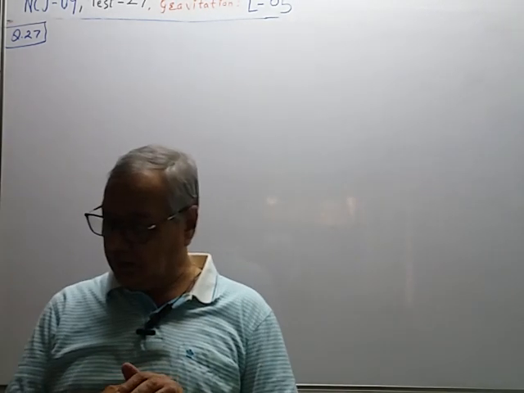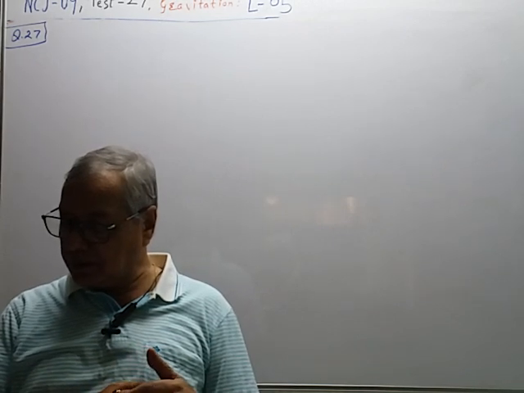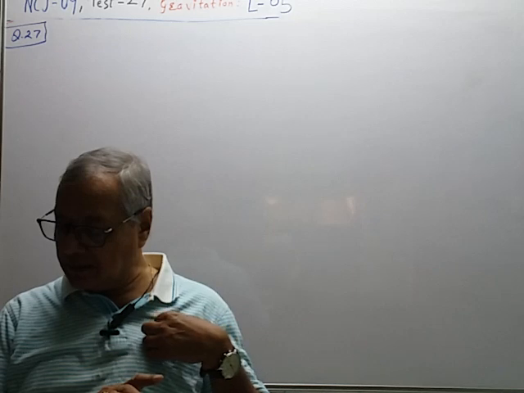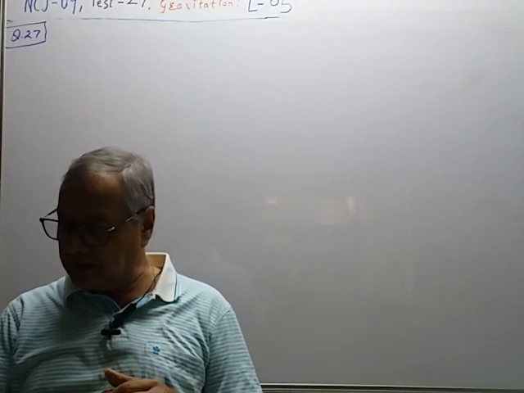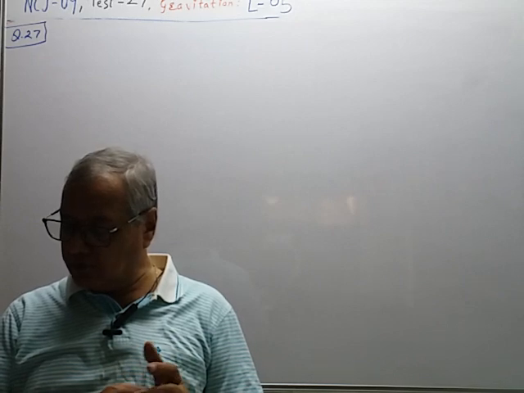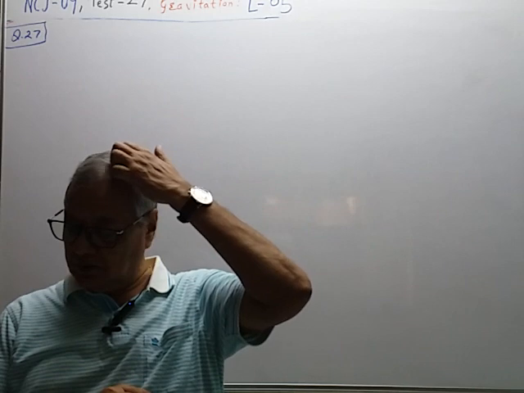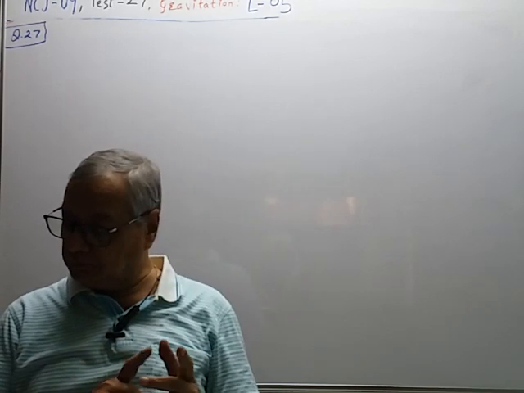Next, question number 27. If the mass M is split into two parts m and M minus m, which are then separated by a certain distance, the ratio m upon M which maximizes the gravitational force between the parts is 1:4, 1:2, 4:1, 2:1.